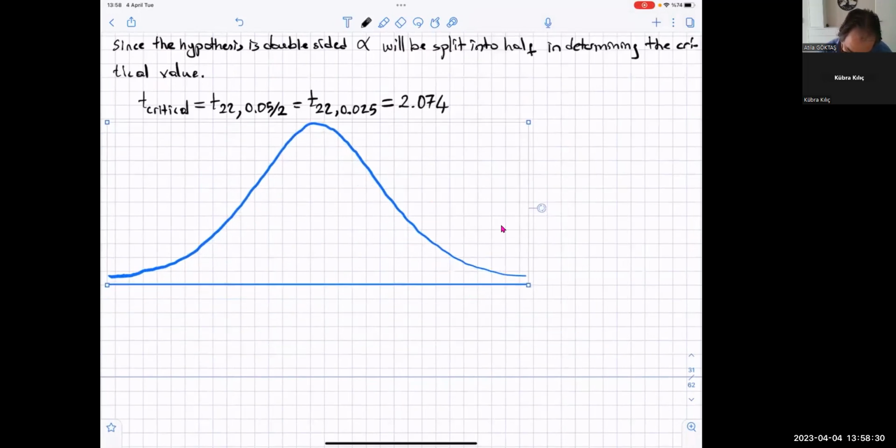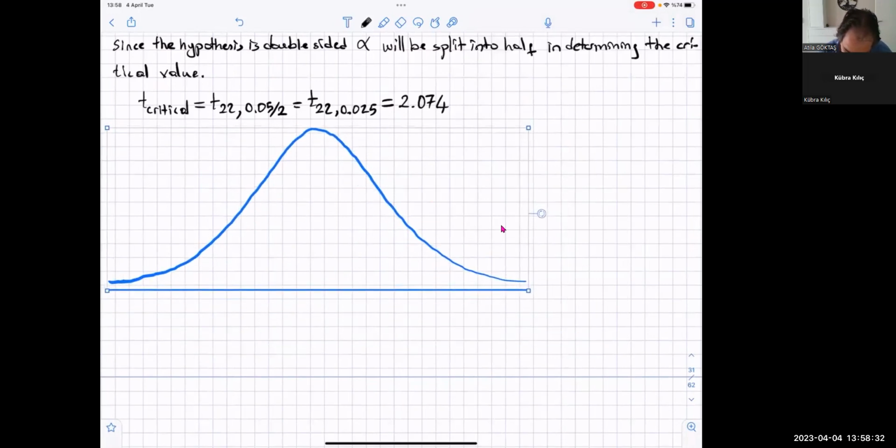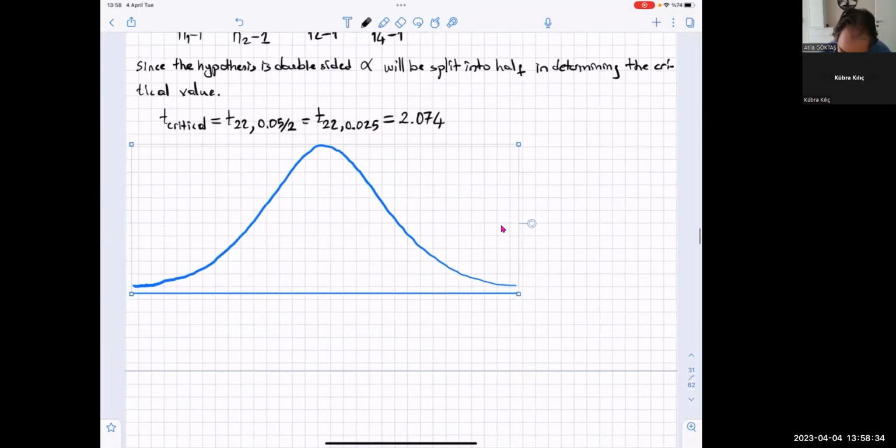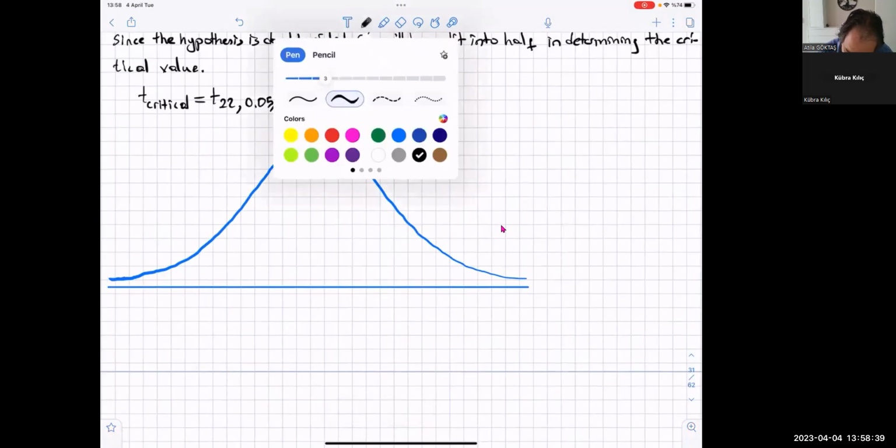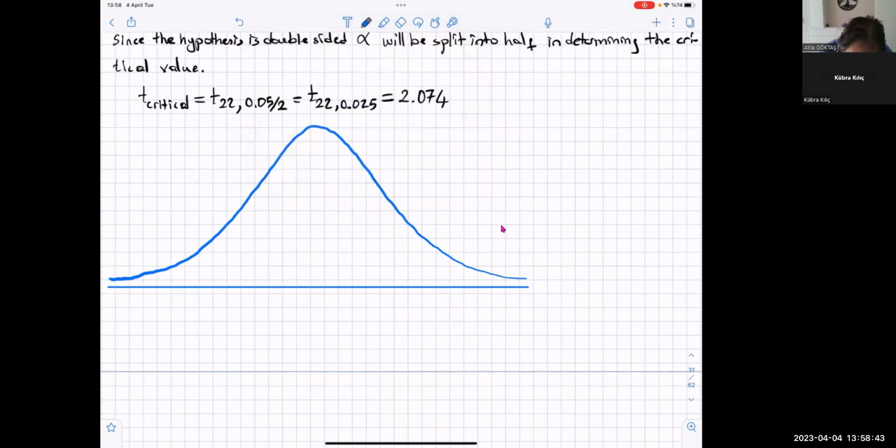Yeah, I will place it here. One on the left, one on the right. Yeah, there you go. I have one here.